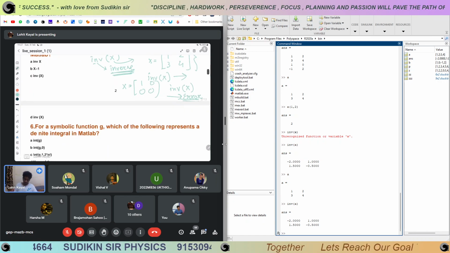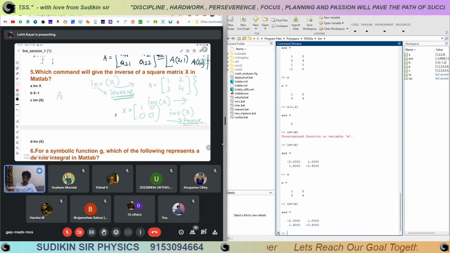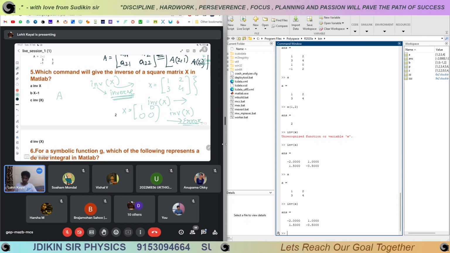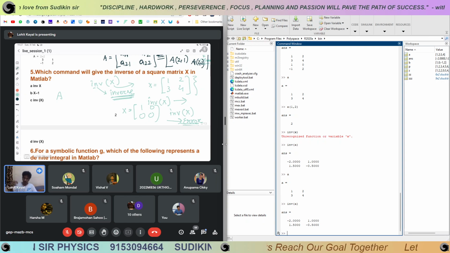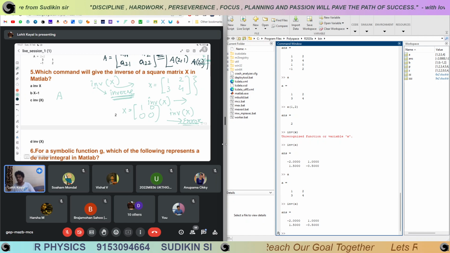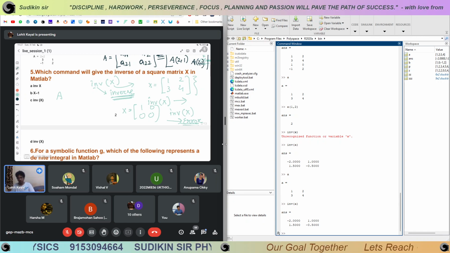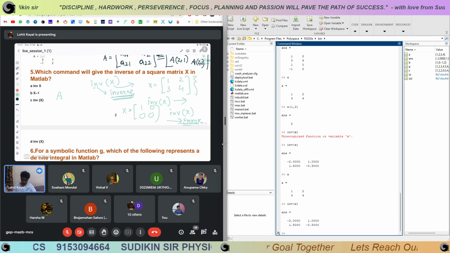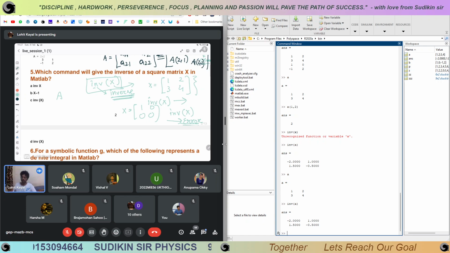Now Matlab is very powerful. Suppose you have a matrix of size 100 by 100. In later weeks of this course, you will probably have to deal with such large matrices. Even there, this is a very powerful tool and it will give you the inverse in a moment.